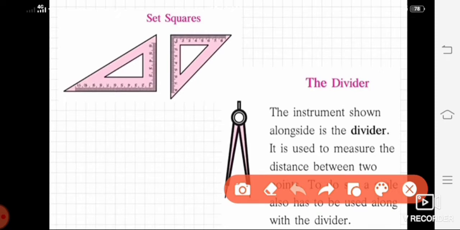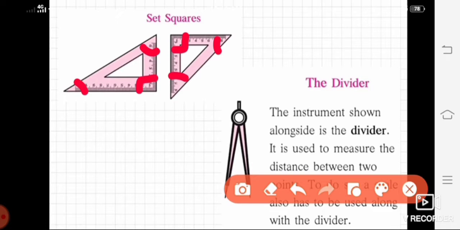Now let's learn about them. Just look at these two set squares and observe their angles carefully. Angles means this part, 1, 2 and 3. Observe these parts carefully.